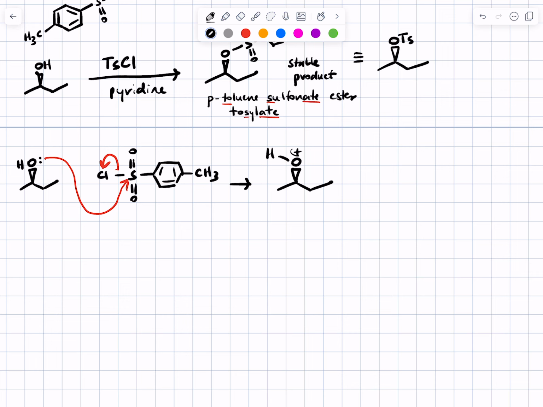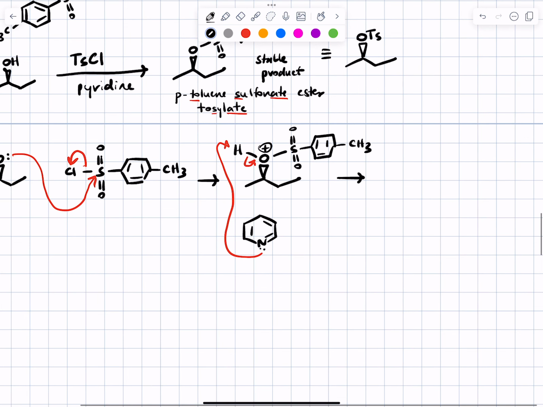Again, you're going to have a positively charged oxygen with a proton on it. We have added pyridine to this reaction. It's one of our reagents, and so it seems reasonable for the basic nitrogen to remove the proton on that positively charged oxygen.